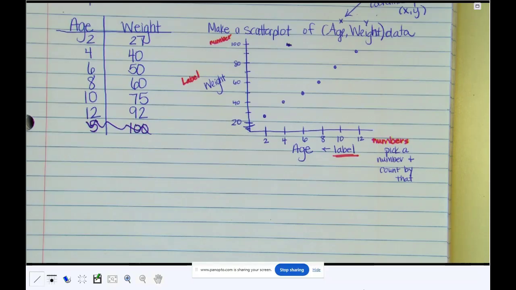That would be way too big. So 500s, that'd be way too small. You don't have to start at 0. 0 does not have to be the first number.